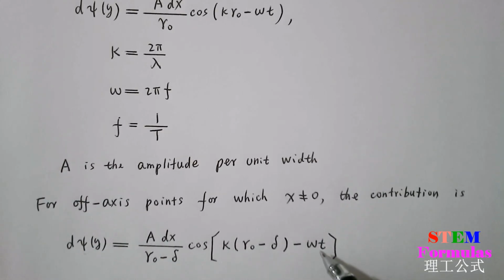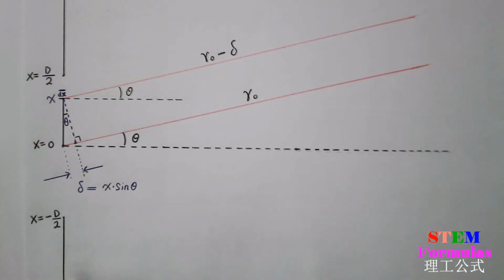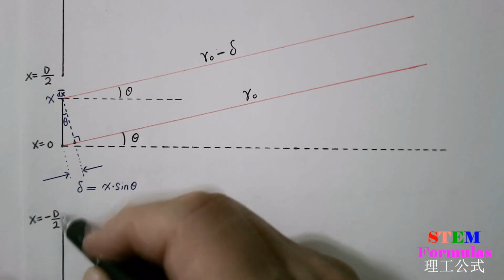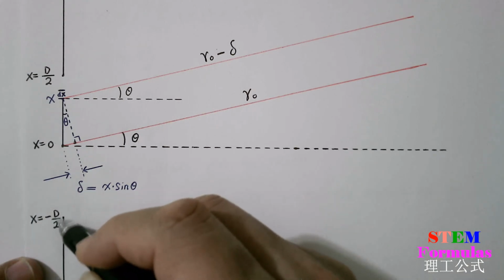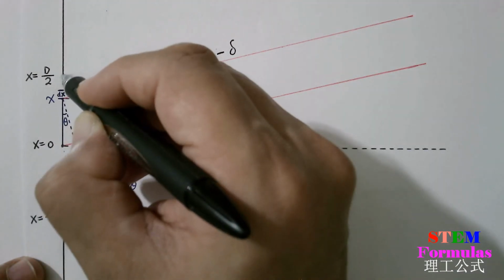Now, the total contribution: we need to add up all the contributions from x equal to minus d divided by 2 all the way down to d divided by 2.